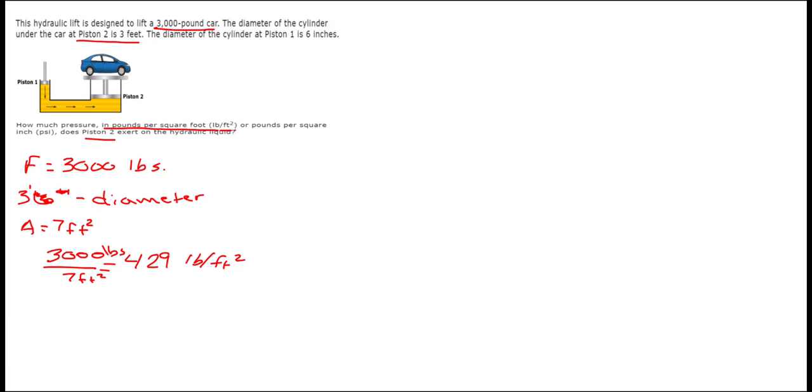Please be careful. Realize what units you're using in your problem to know what units you're getting in your answer. Make sure you select the correct answer with the correct units that match your answer, but also make sure that the units in your answer match what they're asking for, which is pounds per square foot.